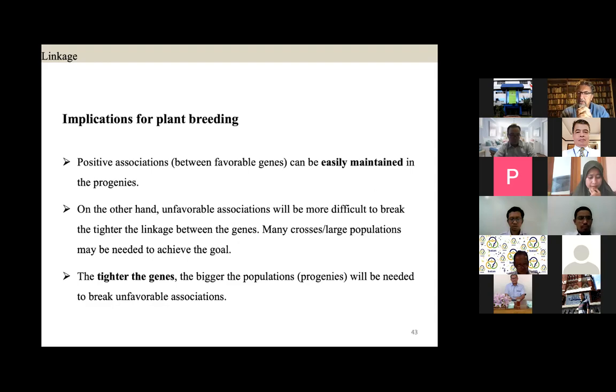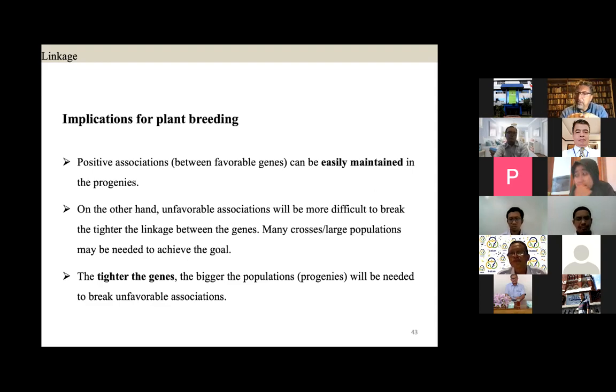And of course, if these two are tightly linked, it means the recombination frequency is very small, let's say 0.1%. So 0.1% recombination means that you only get one recombinant in 1,000 plants. So if you have 1% recombinant, you have one plant in 100 progeny.